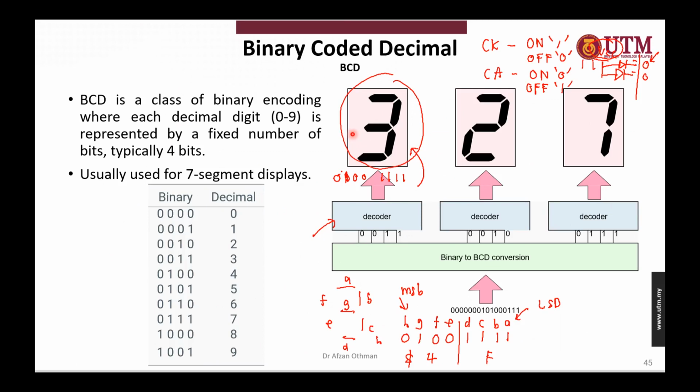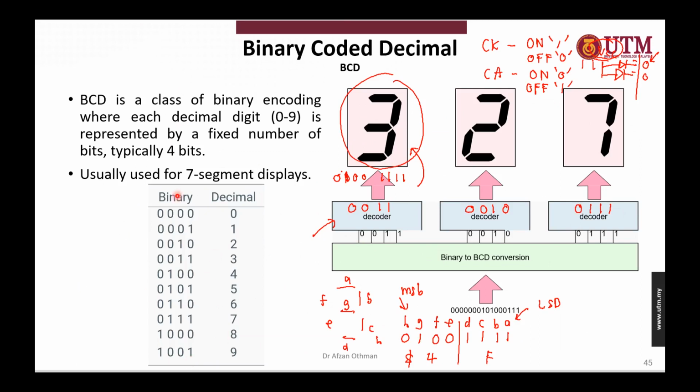Now let's say you're going to display 3 2 7 on the 7 segment. Assume that you have a decoder, and now we're going to find out what binary coded decimal you need to give. For 3, it is 0011. 2 is 0010. And 7 is 0111. How do you get these numbers?